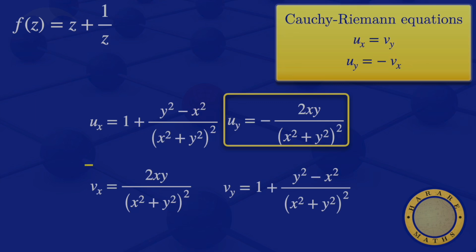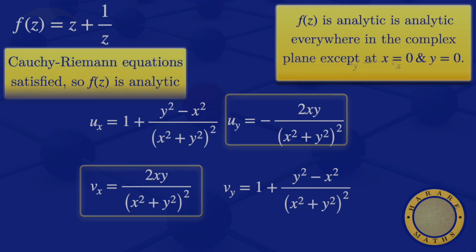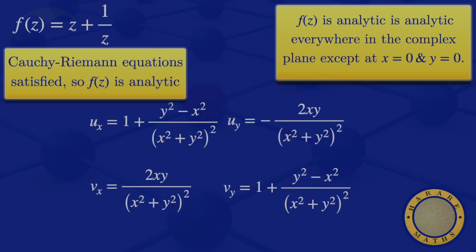Compare it with the partial derivative of v with respect to x. We see that the partial derivative of u with respect to y is equal to minus the partial derivative of v with respect to x. So what we are having there is the Cauchy-Riemann equations are being satisfied. So the function f of z is analytic.